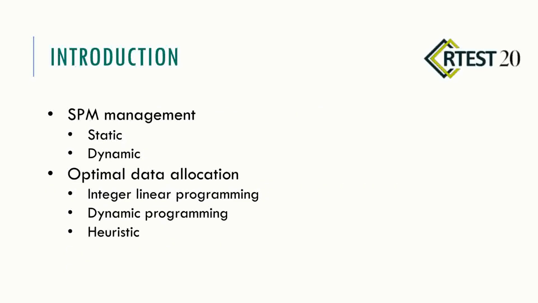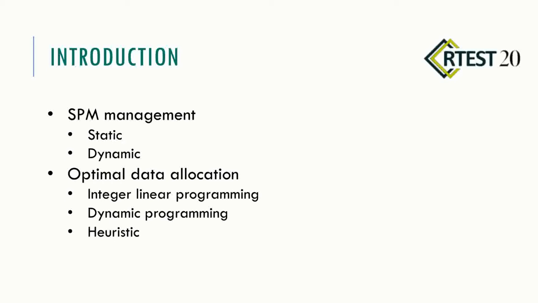As SPM is software controlled on-chip memory, we need some data management method. These methods are static allocation and dynamic allocation, and we can have different types of data allocation on SPM.